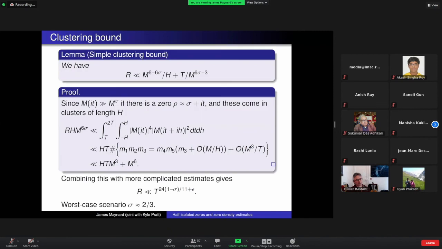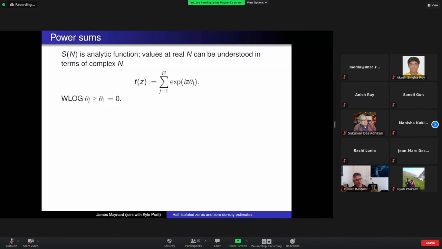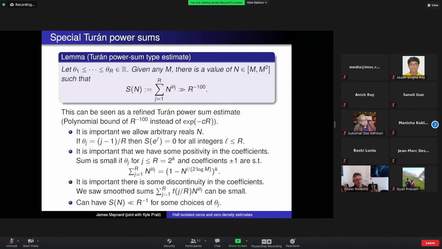No is the short answer. Yeah, so I think the example does a little bit better than 1 upon r, but somehow the example doesn't feel terribly natural. So I would expect that the example is not the worst case scenario.